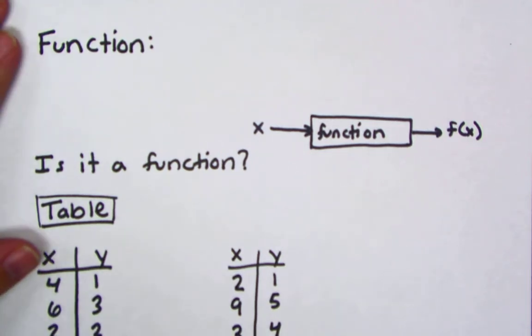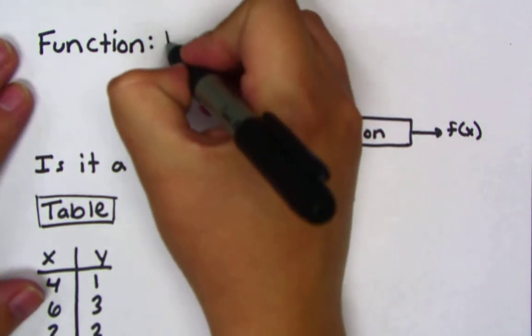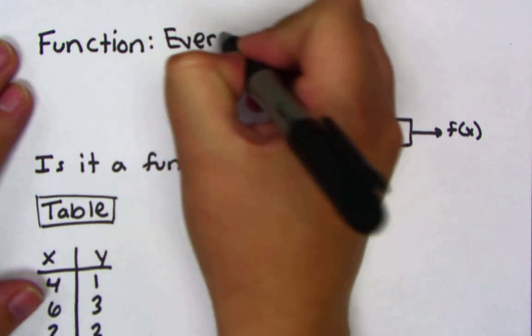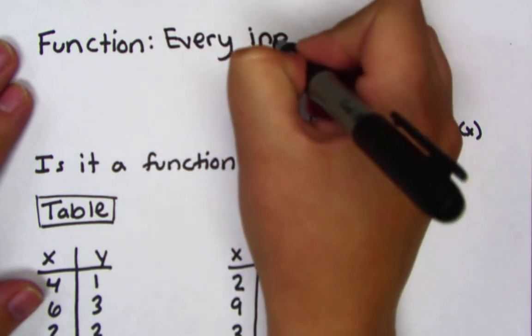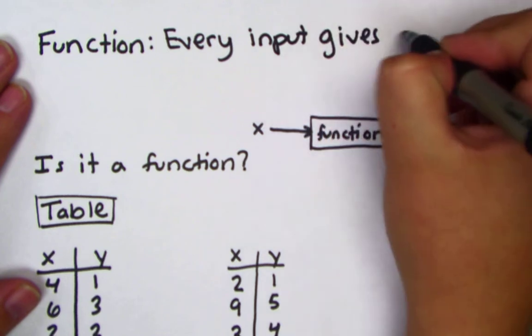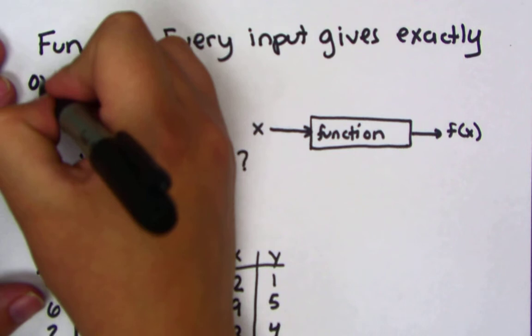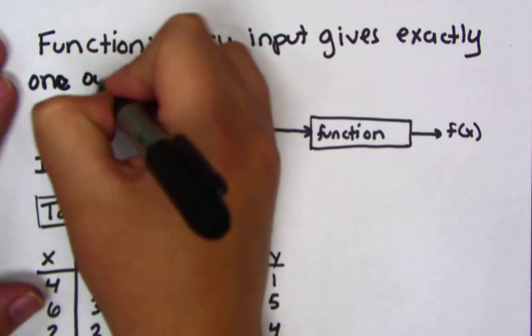So let's look at whether or not a relationship is a function, because not all relationships are functions. A relationship is only a function if every input gives exactly one output.